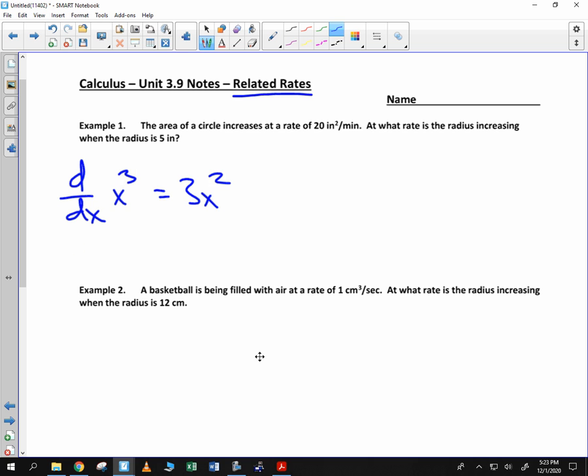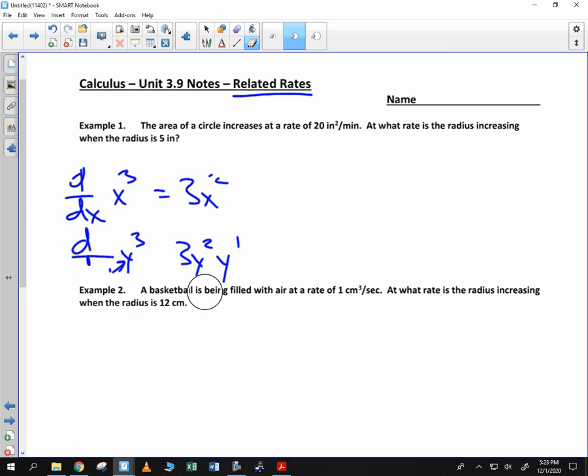But when we took the derivative with respect to x of, say, y cubed, we got 3y squared, and we had to attach a y prime. So notice how these things don't match. And when they don't match, you have to attach that y prime. So watch what happens here.